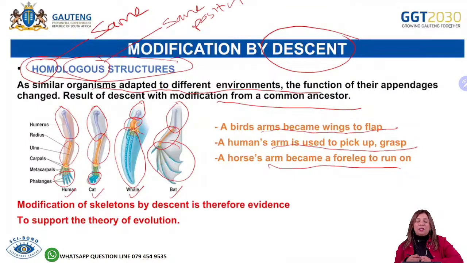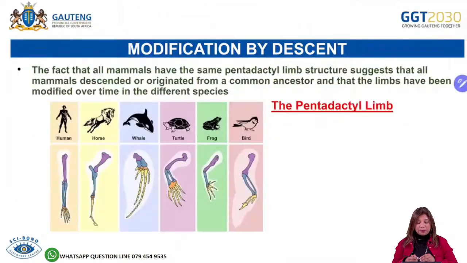If you look at section A of your exam paper, you will notice there's a lot of terminology that you need to study. So even though you are doing evolution and there are so many beautiful diagrams, you need to know the terms and understand what they mean. Now we understand what modification by descent means.